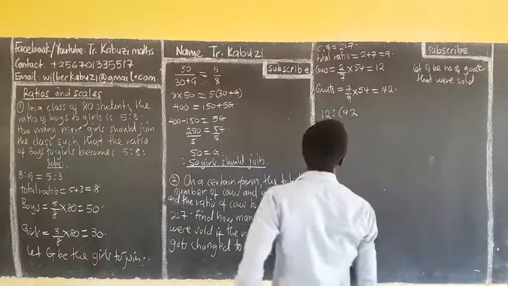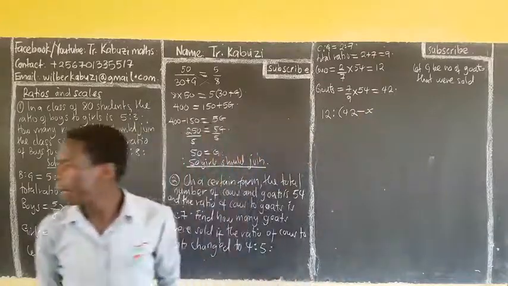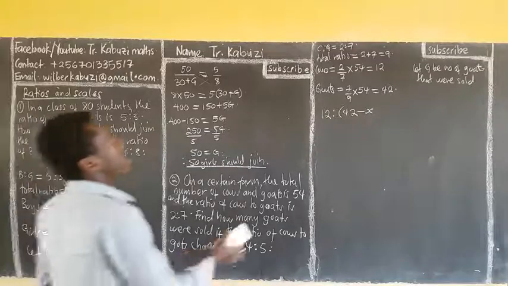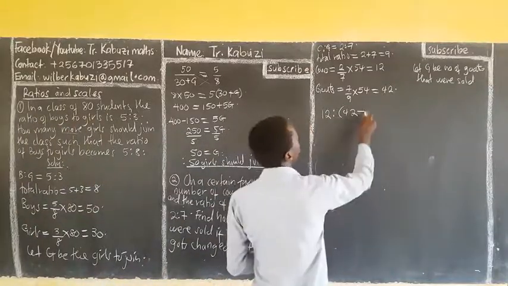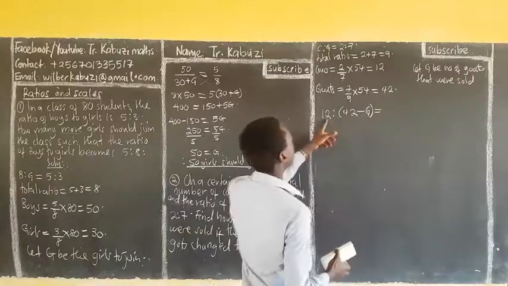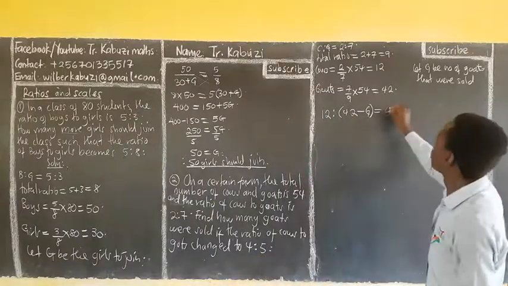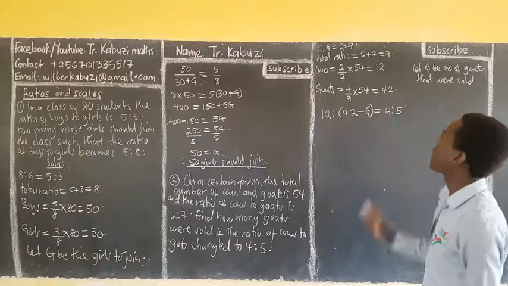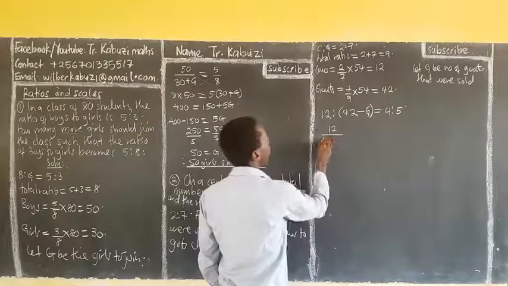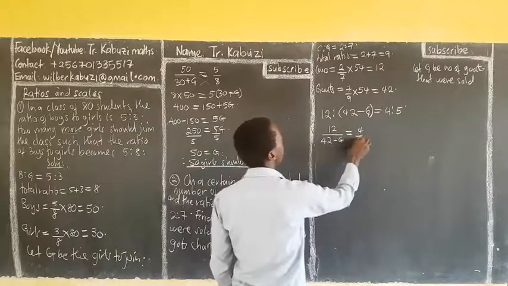So now on the 42, if I remove D goats, if on this 42 I subtract off the D goats, it means that the ratio of cows to the remaining goats is now going to be 4 to 5. So you can interpret this as 12 over 42 minus D equal to 4 over 5.